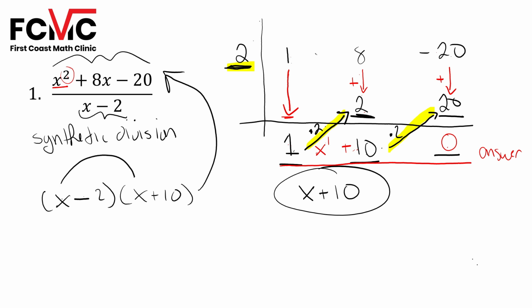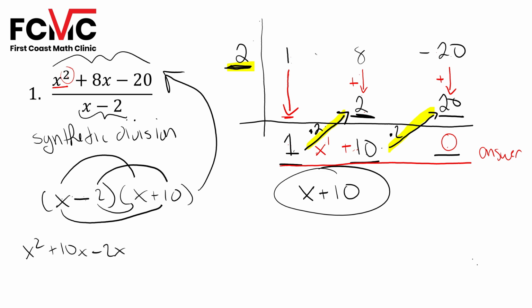So we'll do first, x times x gives us x squared. Outer, let me bring this down a little bit so I have a little bit more room. Outer, x times 10 gives us 10x. Inner, negative 2 times x gives us negative 2x.